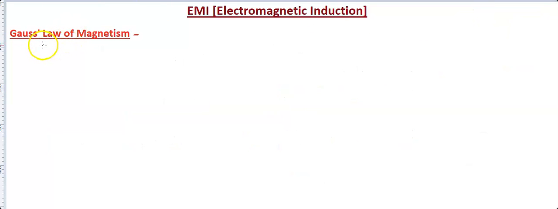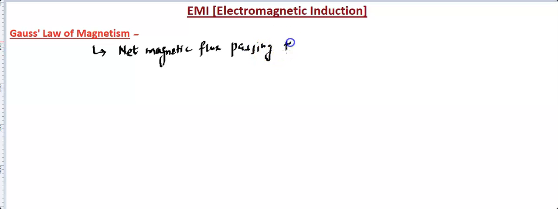Okay, so the next point we are considering is Gauss law, and this Gauss law is related to magnetism. Earlier we talked about the Gauss law related to electrostatics. Similar concepts are there. So what does it say? Let me write this statement: net magnetic flux passing through any closed surface.